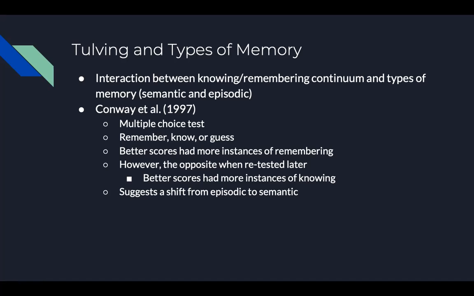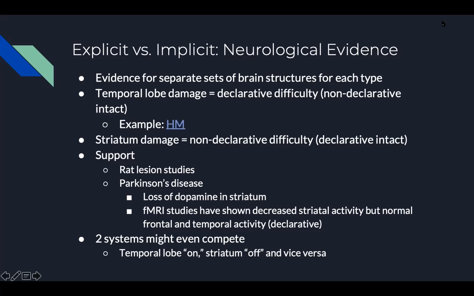So in Friday's lecture, we talked about the two different ideas between our declarative and our non-declarative memory. And we also talked about this debate that had been going on about how these types of memory happen.